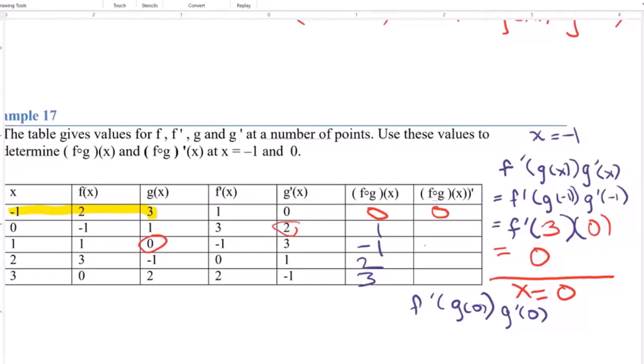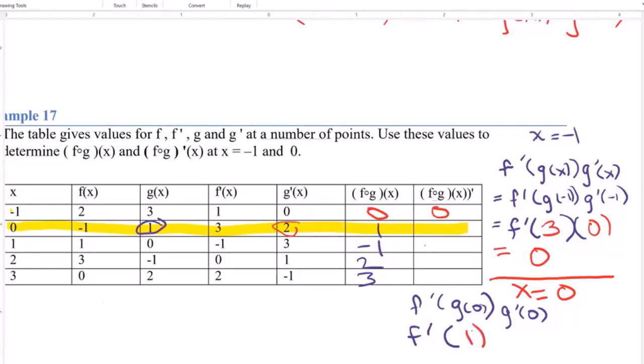Okay, well, g of 0, now I'm on this line when x equals 0. So here we go. f prime of g of 0, well, g of x is 1.